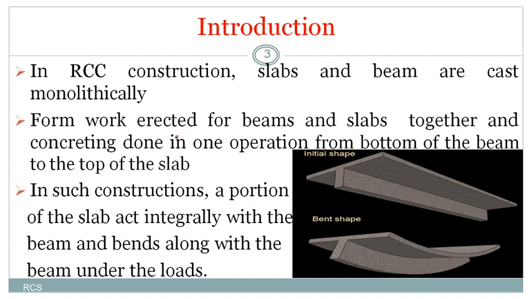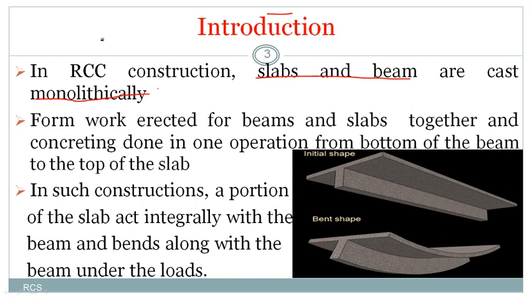You know that in reinforced concrete construction nowadays, the slabs and beams are cast monolithically. What do you mean by monolithic? Slab as well as beams are cast together. Casting means preparation of a member, that is, concreting the particular member. Here the concreting can be done for slab and beam at the same time.